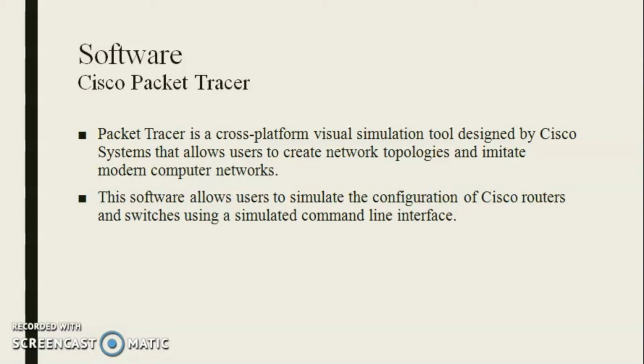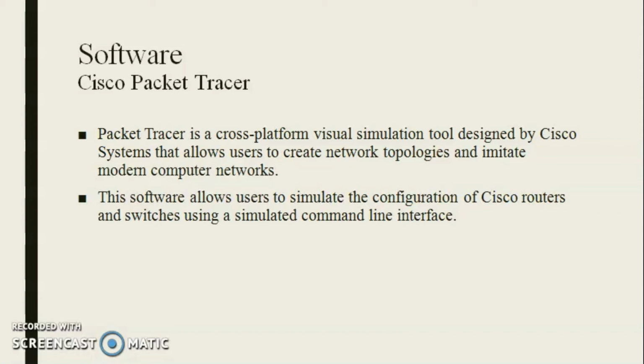So the Packet Tracer makes use of Cisco devices and user interfaces, so it allows users to be able to add, remove, and simulate the network configuration. So we are using the Cisco Packet Tracer to simulate our network and get accurately how the network is going to work when implemented on the ground or on the site.